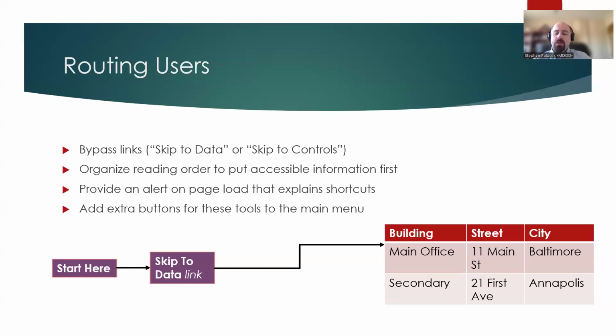A lot of the times with these pages or these web applications, you get a dialogue that pops up when you first get there, either detailing what it's showing you or telling you additional information about this, or in some cases, it's a disclaimer. And either result, if you are going to set up additional shortcuts or keyboard commands or other things, tell people that here. This is the best way to do it because A, your focus is already going to start here if it's set up correctly. So it'll read that dialogue.